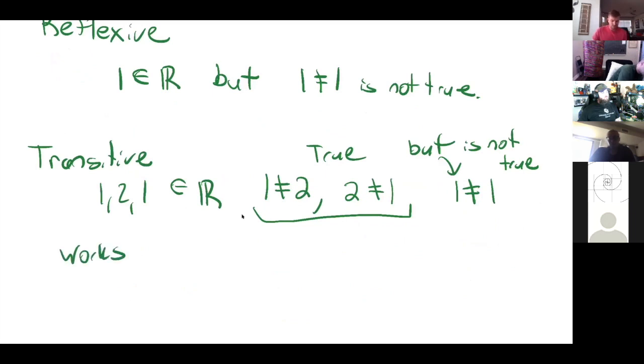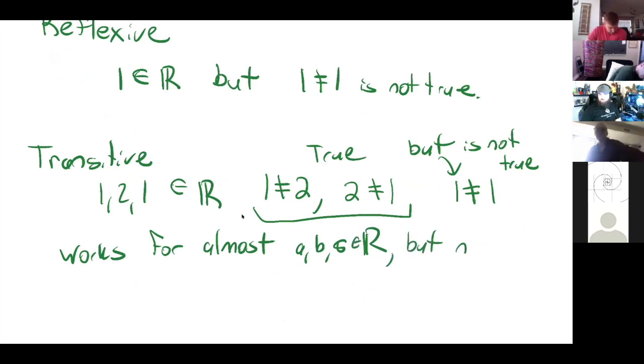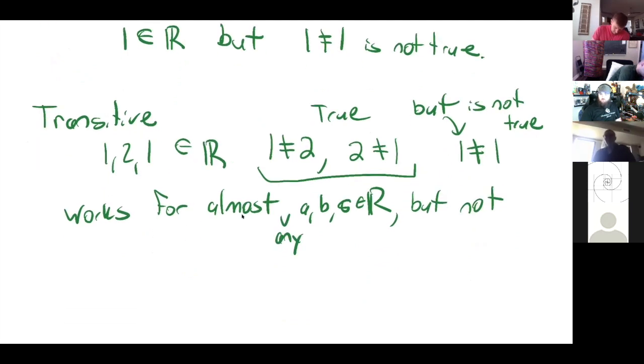So notice that this property works for almost all three numbers that we pick in R. But it's not true for all.